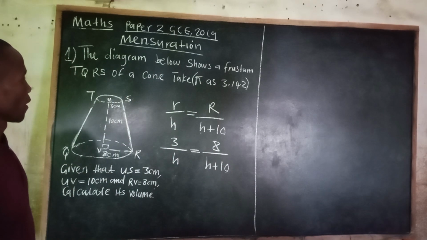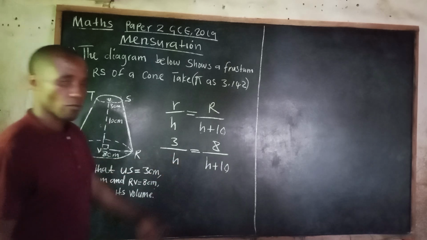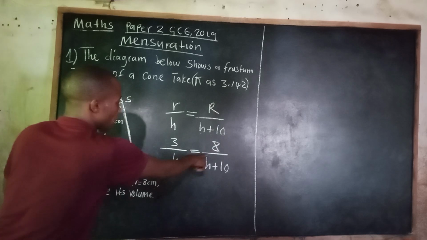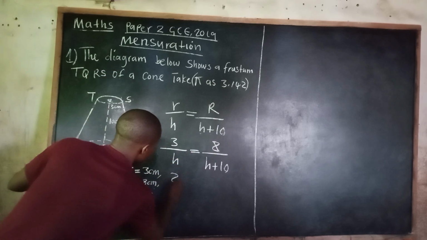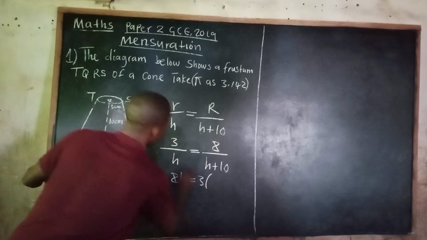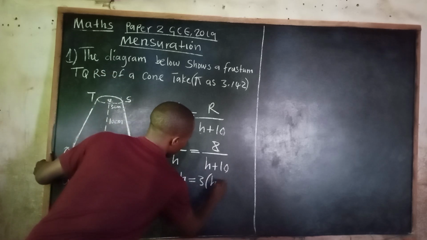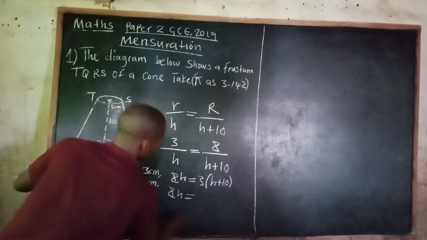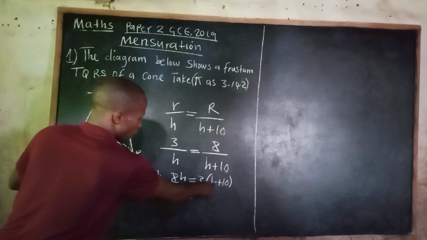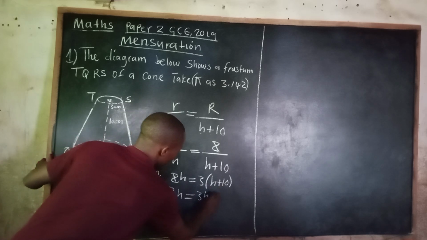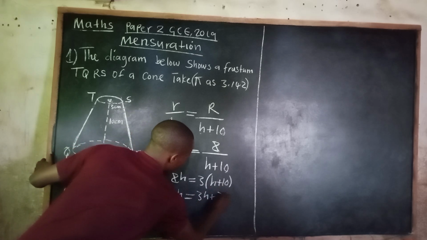So from there, what we are going to do is cross multiply, where we say h times 8 is 8h, equals, this time around we put 3 outside, then h plus 10 inside the bracket. So 8h equals, we get rid of the bracket, 3 times h is 3h, 3 times 10 is 30.